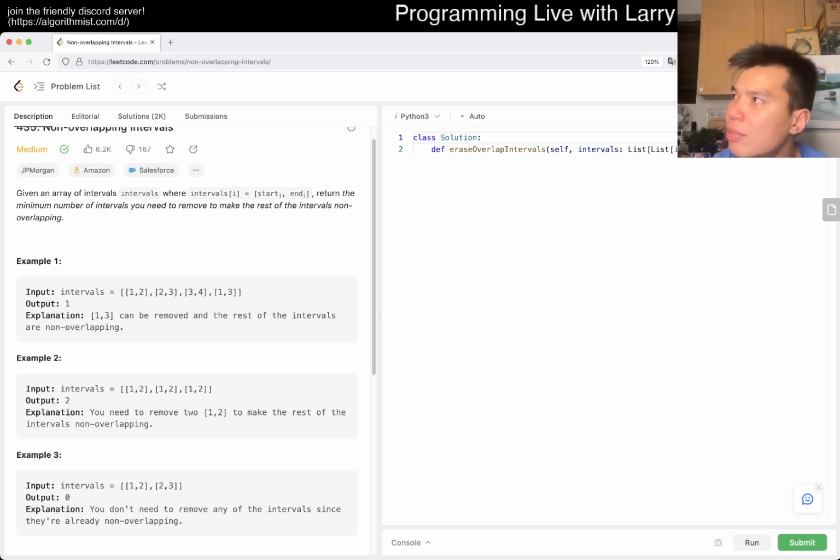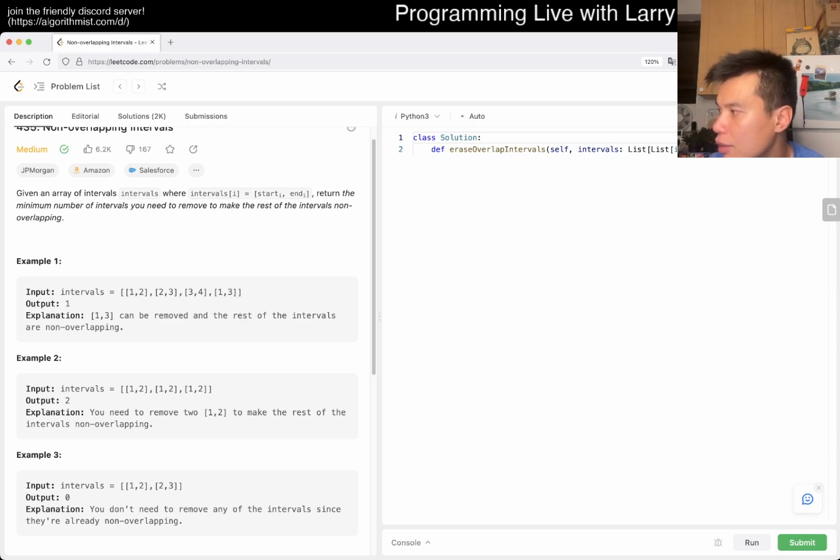But is that enough? This is kind of tough. Let's say we're going from left to right in a sweep line thing. What does that look like on a greedy thing, right?